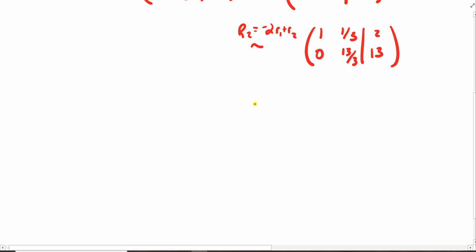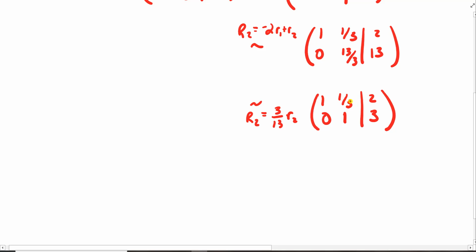To get a 1 in that pivot position, our new row 2 is equal to 3/13 the old row 2. Operating off that row, this will give me a 0 here. This is going to give me the 1 that I was after there. And when I multiply 3/13 by 13, that gives me 3. Recopying the original row 1, we just have this expression here.